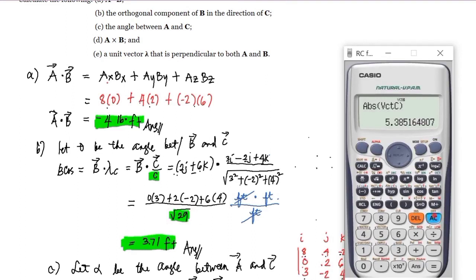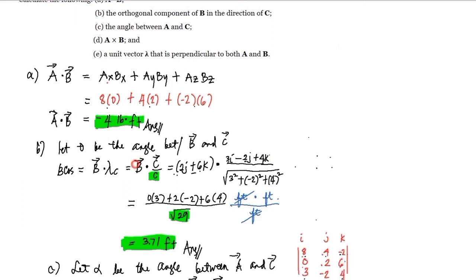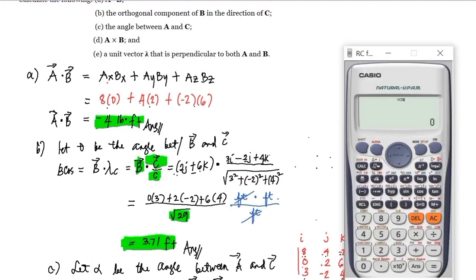Okay, so sasagutin natin ito yung problem na to. Ang hinahanap natin dito is the dot product of the B and the C divided by its magnitude. No? So for the vector B, we have shift mode vector B, that's 4.